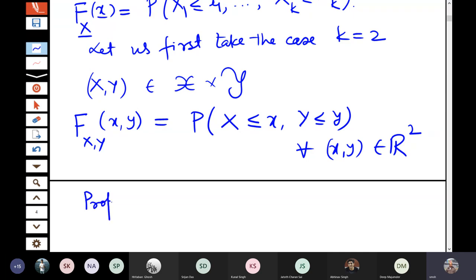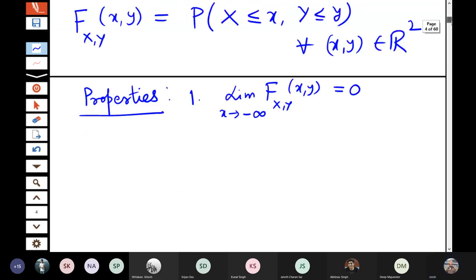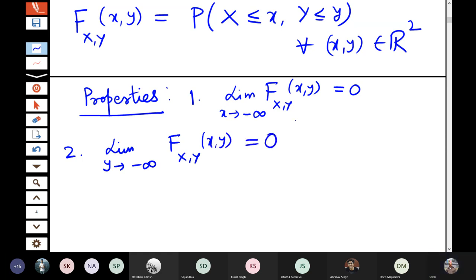First, if I take the limit of F(x, y) as x tends to minus infinity, this is going to be 0. And if y tends to minus infinity, then also this is going to be 0. The reason is that x or y tending to minus infinity corresponds to an empty set, and therefore this becomes 0.